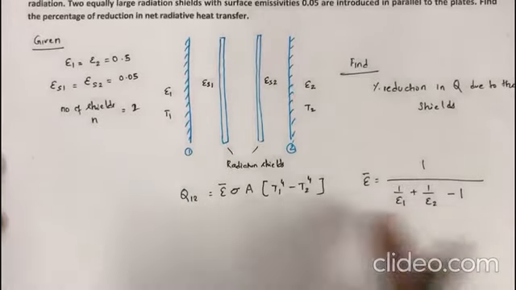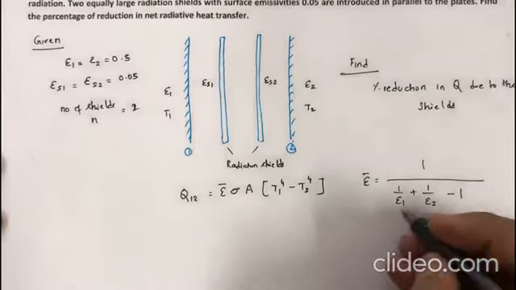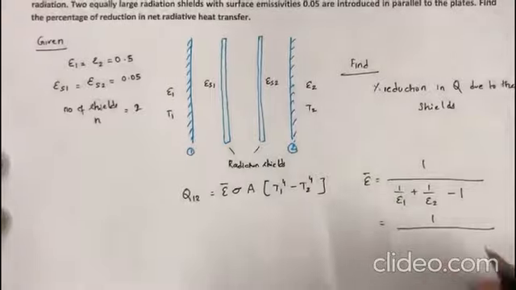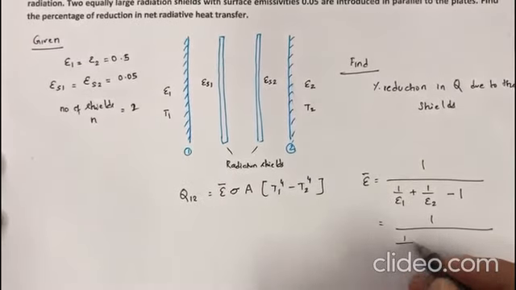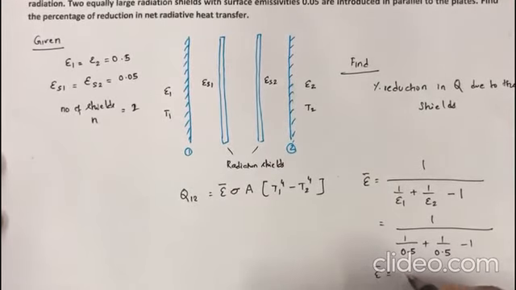So this is available in your HMT data book. So now we can find out epsilon bar, which is 1 by (1 by 0.5 plus 1 by 0.5 minus 1). So epsilon bar will be 0.333.